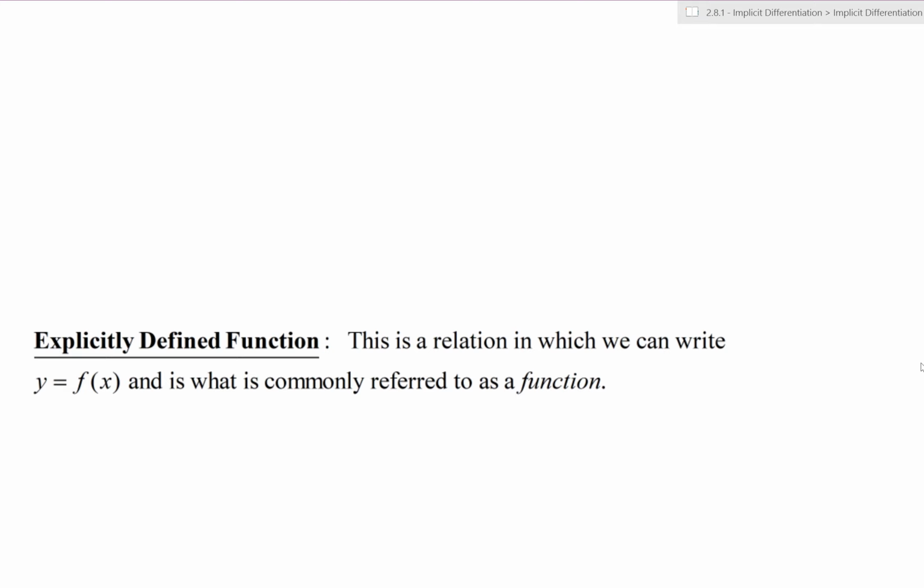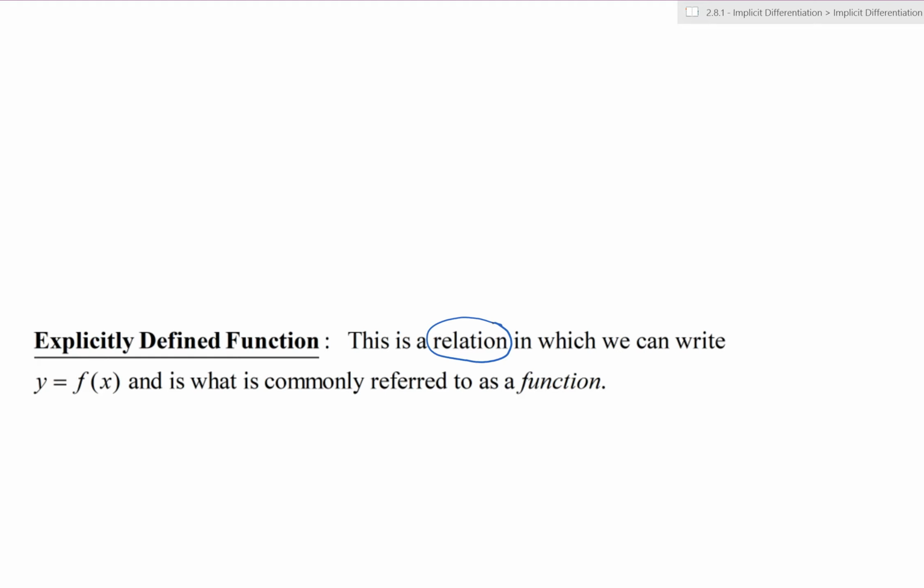Now, thus far, throughout all these videos, what we've been doing is really focusing on what's called explicitly defined functions and then differentiating them. So when you have a relation, remember, a relation is just a collection of ordered pairs, right?